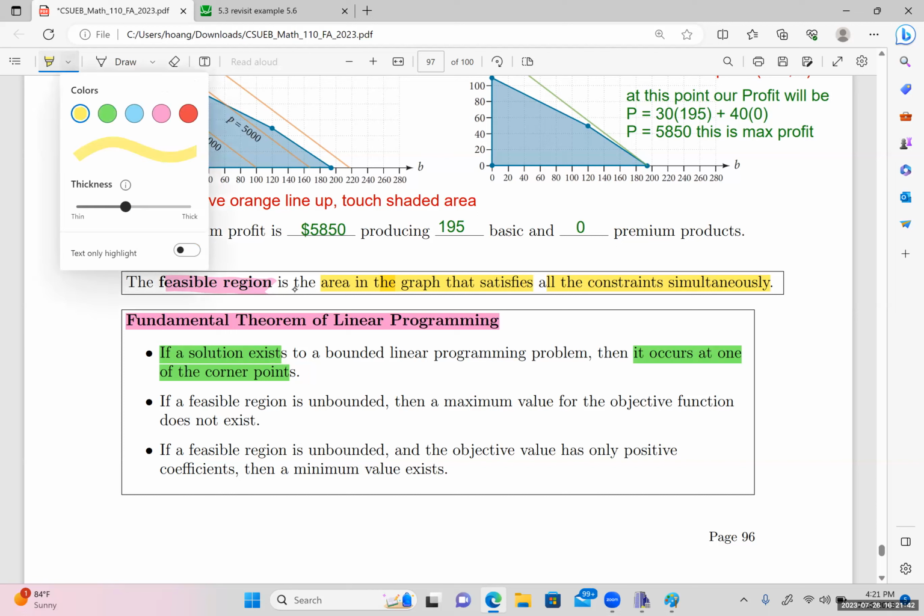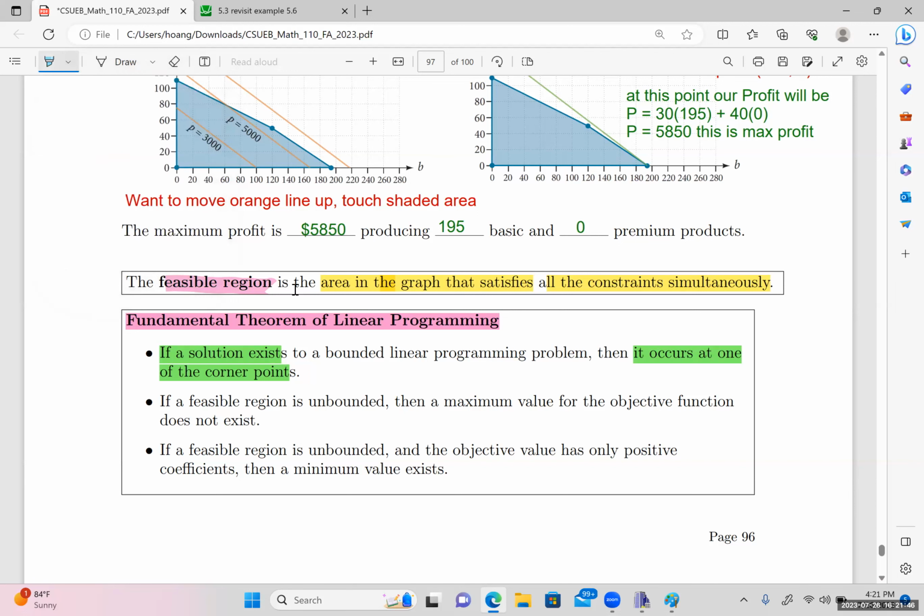Okay, and if a feasible region is unbounded, okay, so unbounded means you don't have anything bounding it and it just runs everywhere, right?